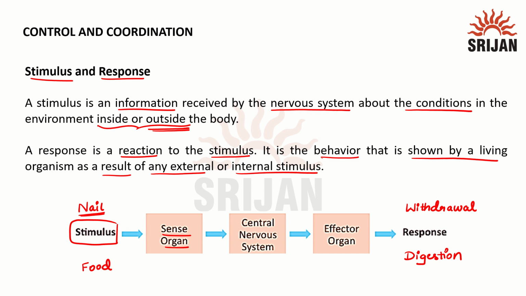The signal will be sent to the central nervous system where the information is processed, and the proper response will be sent to an effector organ, which in the case of withdrawing the hand will be muscle tissue. So the signal will be sent to the muscle, which is an effector organ in the first case, and a proper response will be generated. I hope it is clear to you.